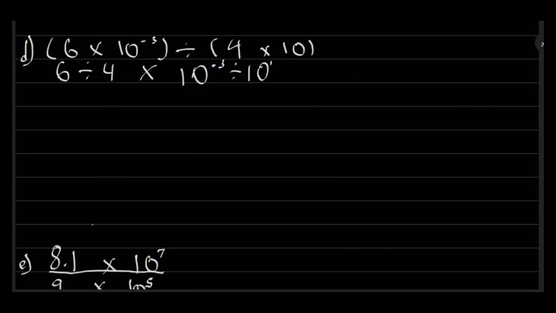Now 6 divided by 4 would give us 1.5. And then when we are dividing 10 raised to the power negative 3 by 10 raised to the power 1, we are supposed to subtract the 1 from negative 3, and that would give us 10 raised to the power negative 4.